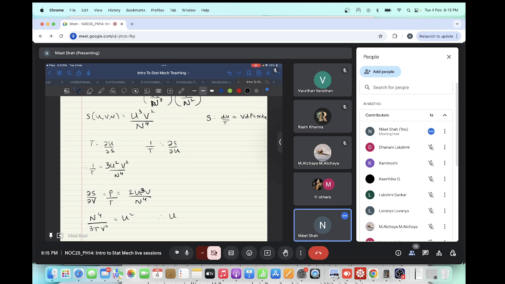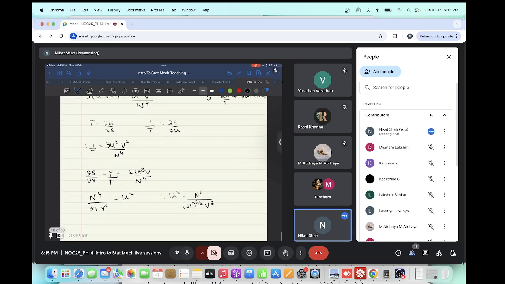Therefore, u cube is equal to n raised to power 6 divided by 3t raised to power 3 by 2 and v cube. Therefore, p by t is equal to 2 n raised to power 6 v divided by 3t raised to power 3 by 2 v cube and n raised to power 4.